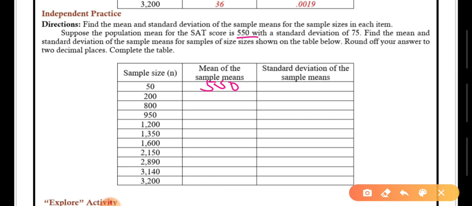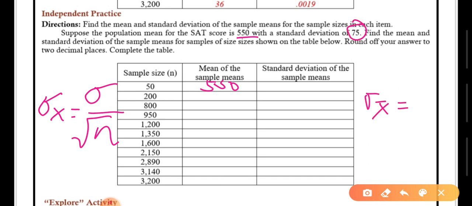And for the standard deviation, going back to the formula, sigma over the square root of n. So the given standard deviation is 75, divided by the square root of 50.